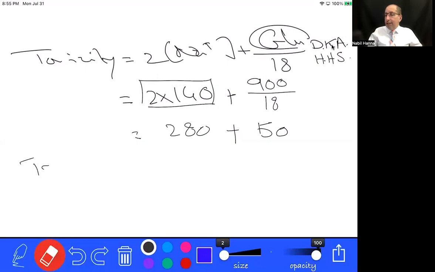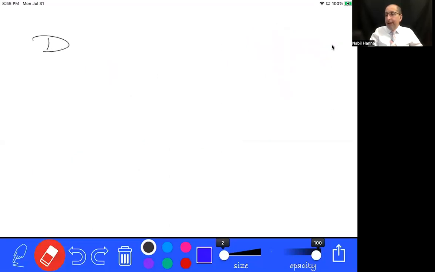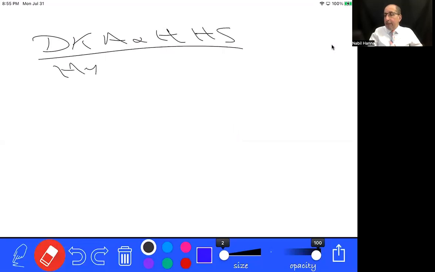So now the tonicity is 330. Now it is hypertonic. So DKA and HHS are hypertonic conditions.